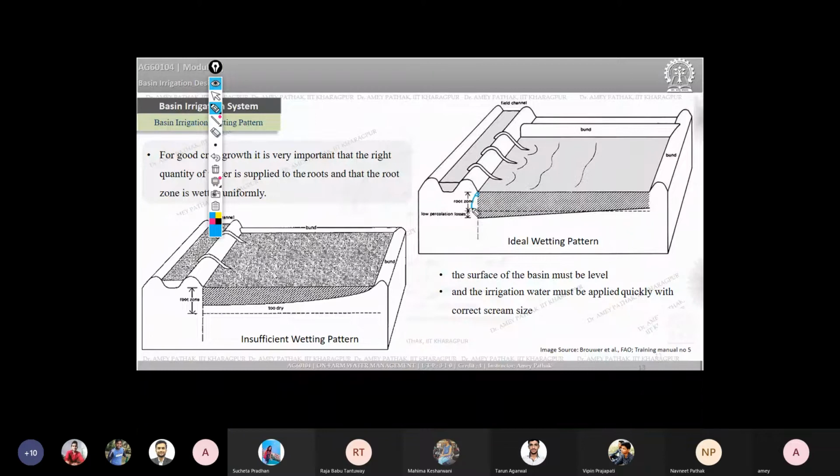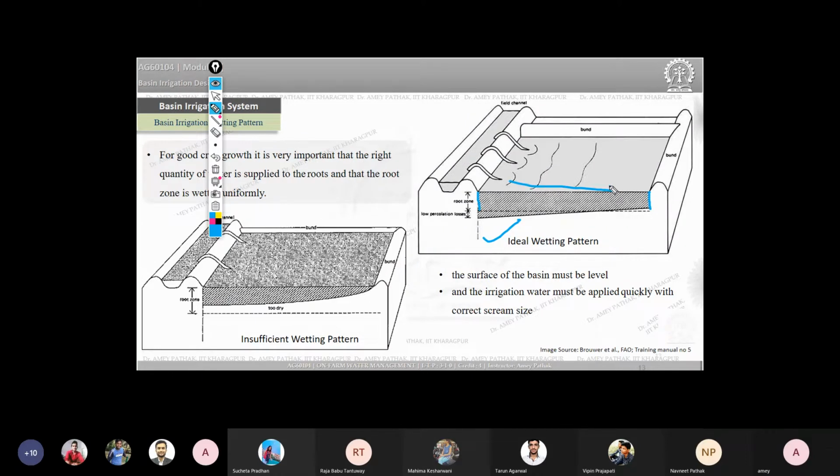Okay, so you can see this is the ideal wetting pattern, in which not only at length L equal to 0, but this depth is uniformly achieved over the entire length.